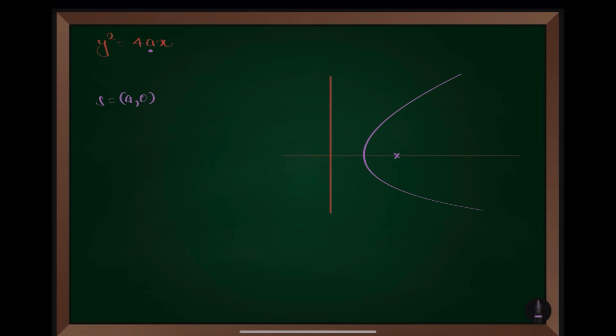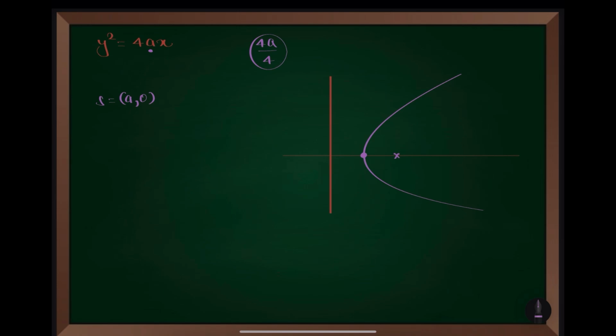Means look at this, the coefficient of 4x. Means how you will get focus? First you will divide your coefficient of x by 4. You will end up getting focus. Samjha?